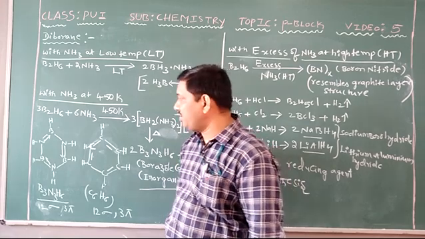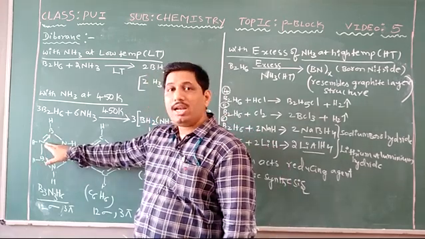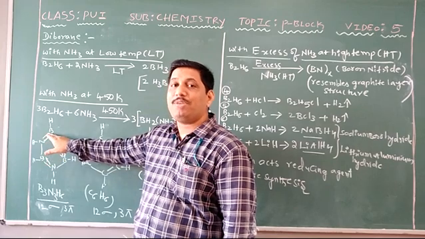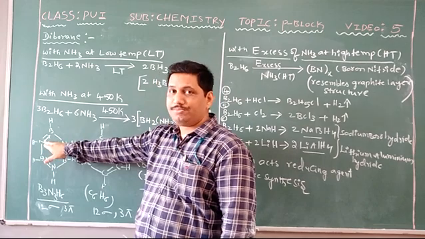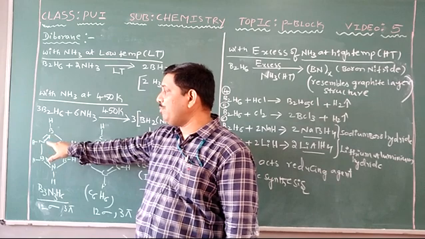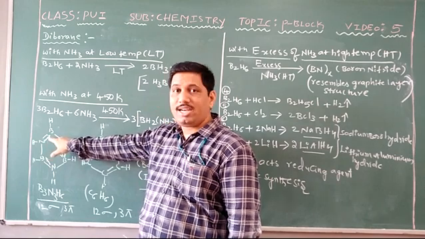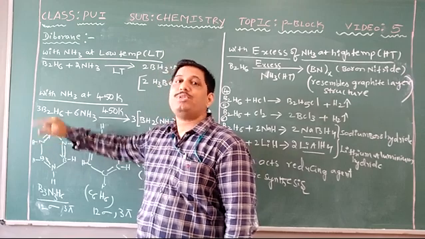In the borazine structure, there is a formation of coordinate covalent bond between the nitrogen atom and the empty orbital of the boron atom. We know that nitrogen contains one lone pair of electrons, boron contains an empty orbital. Hence, the arrow mark indicates a coordinate covalent bond formed from nitrogen to the boron atom.